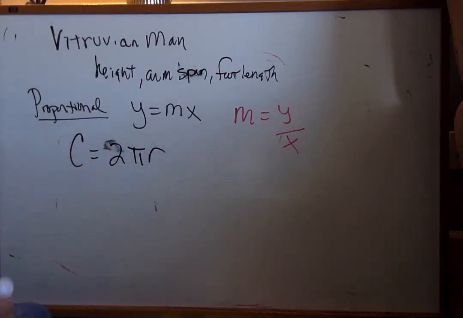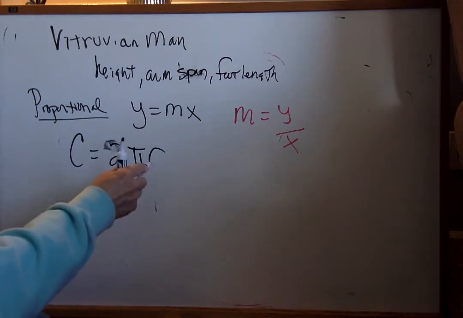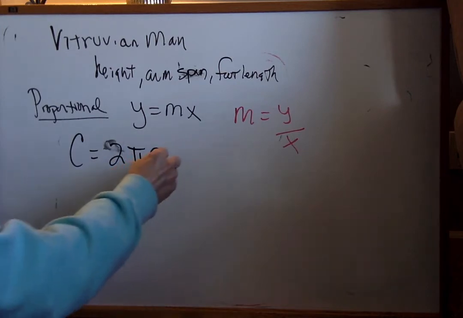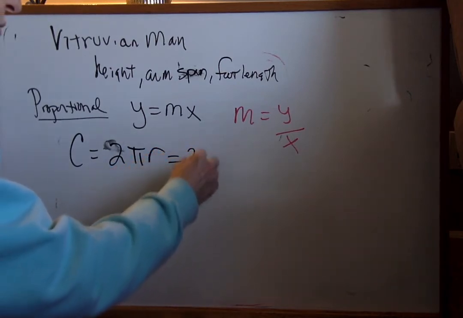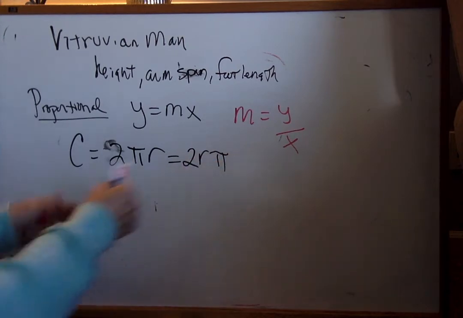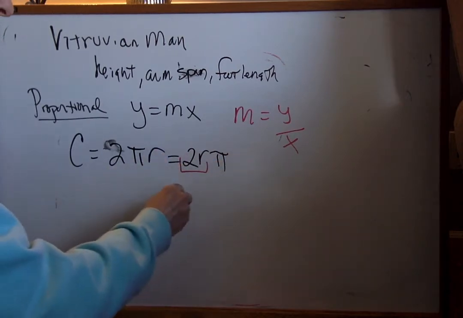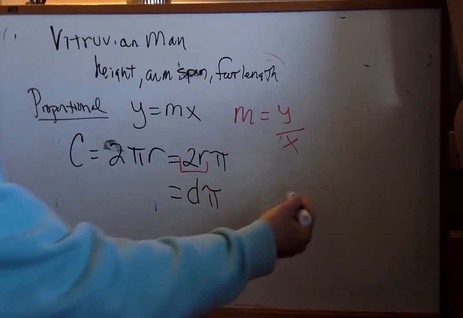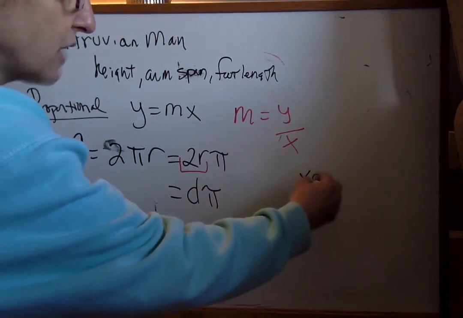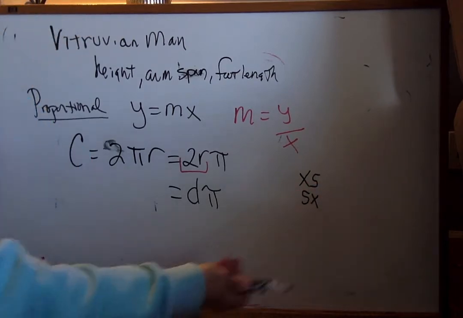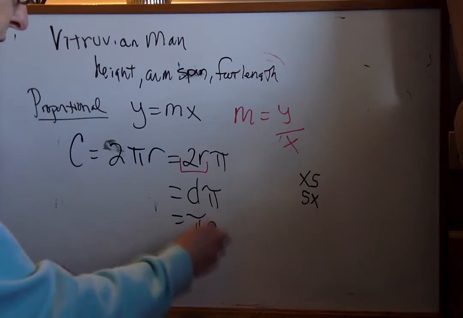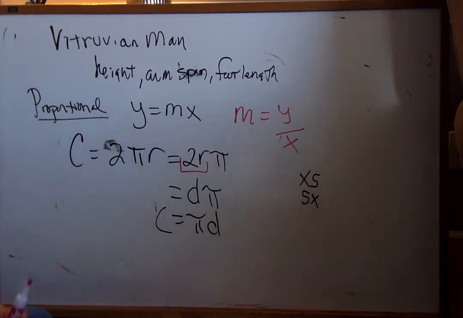Well, this could be a discussion in and of itself in algebra class or pre-algebra class, making sure that students know you can rearrange the order of multiplication. So I could write this as 2r pi, and then 2 times the radius is actually d pi. Pi is a number. You know how normally we don't write x5, we write 5x instead? There's no reason to have the pi on that side. It would probably look much better if we put the pi in front of the d.